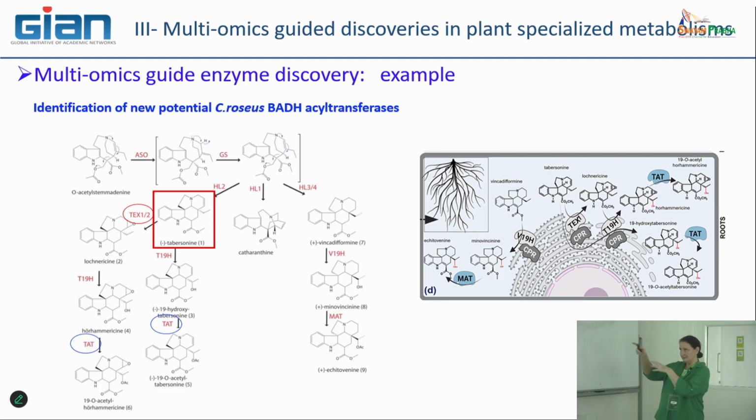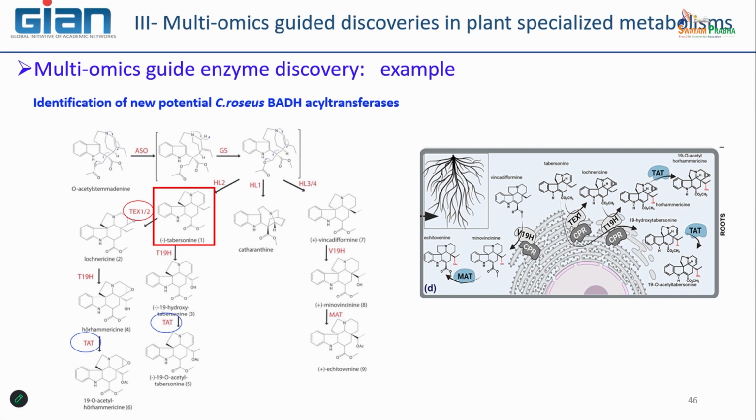And by this type of strategy, we start to have a very nice overview of the different specific parts of the metabolic pathways in these different Apocynaceae plants, to try to find out how there is such a big diversity of monoterpenoid indole alkaloids in these particular families.